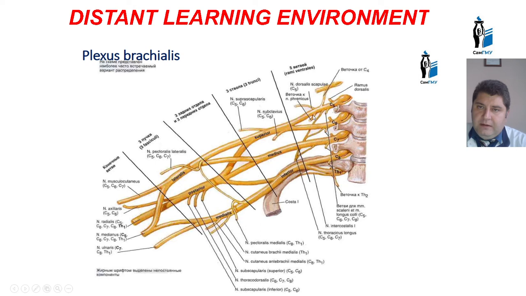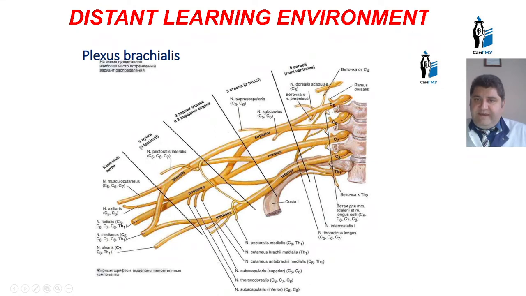So you may see that some branches pass to the phrenic nerve from the cervical plexus. Also, you may see the branch to the scapular muscle. So you may see the nervus dorsalis scapulae, the dorsal scapular nerve, which innervates the rhomboid muscles and also the levator scapulae muscle.